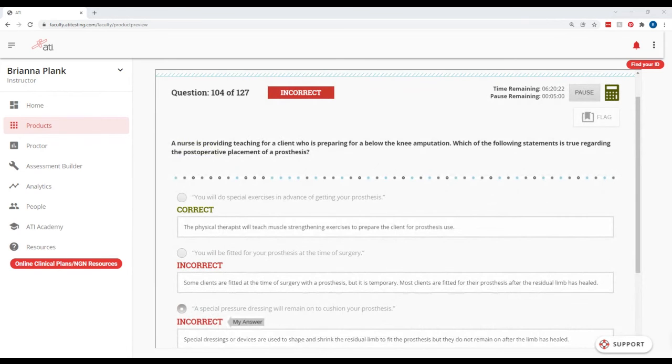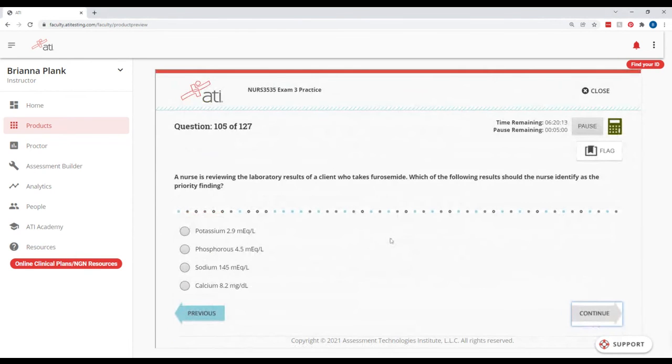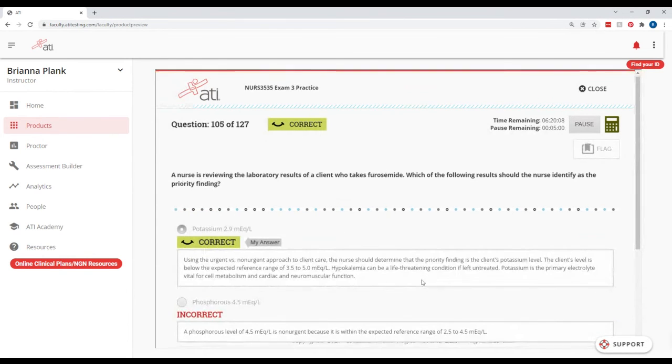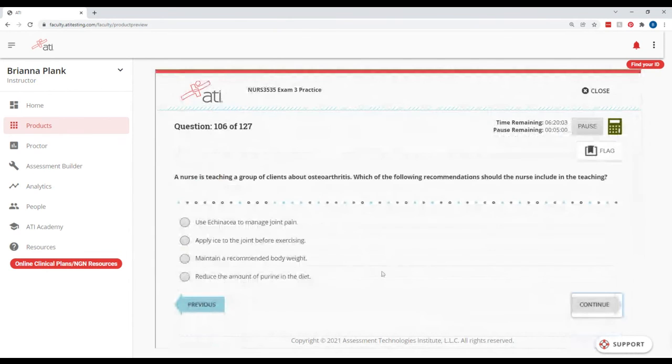Special exercises. So we're gonna prepare that stump in order to accept the prosthesis. Okay, we take furosemide. What's the priority? And it's our potassium. This is bad. It's way too low.